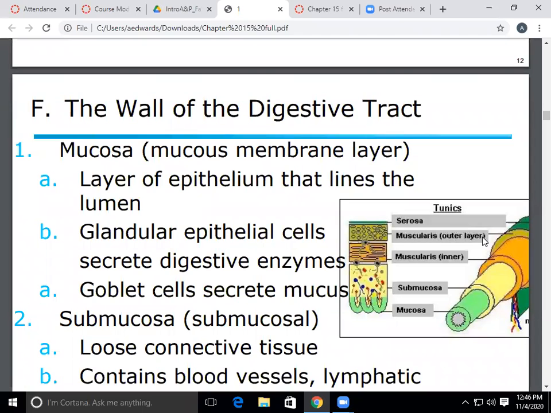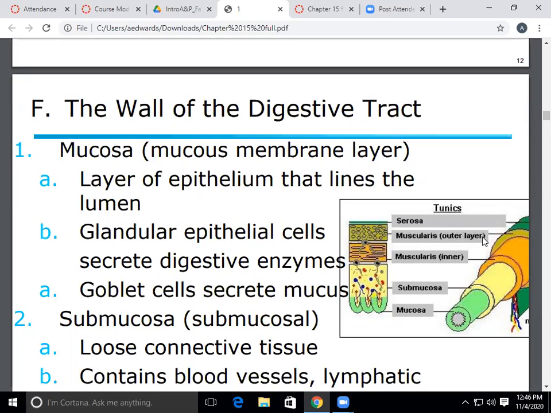All right, so let's talk more about the wall of the digestive tract. So you have a mucous membrane layer, or mucosa. And there you have a layer of epithelium. Remember, we learned about different types of epithelium. One of our tissue types lines what we call the lumen of that space inside your digestive organ, or the wall of your esophagus or intestines.